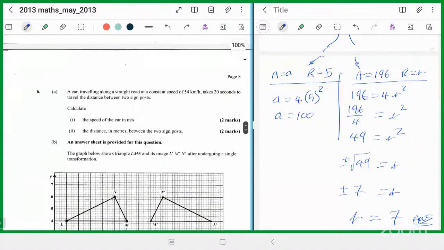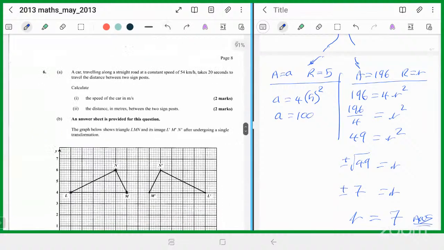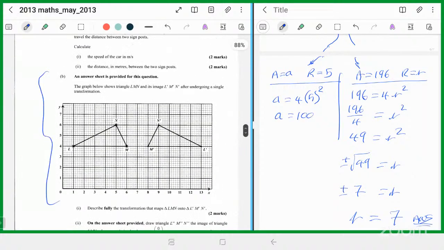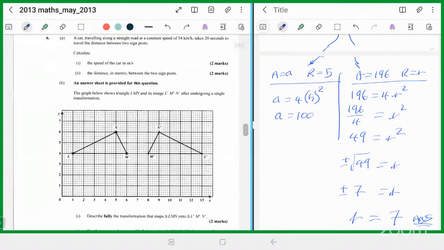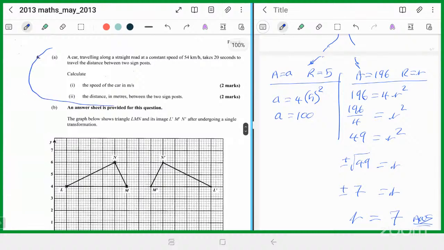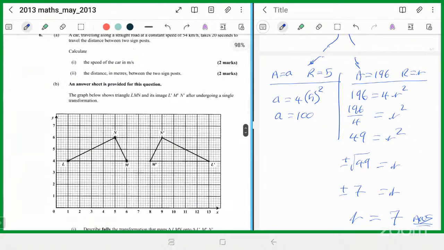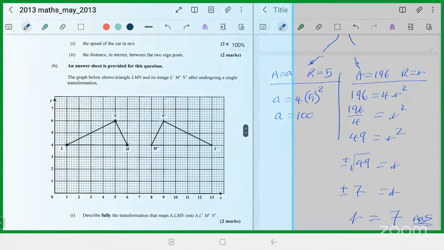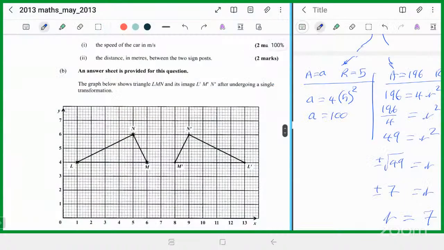Next one, I would have skipped this one, but for that one it would have given you part B to do. All right? We're going to do a transformation.